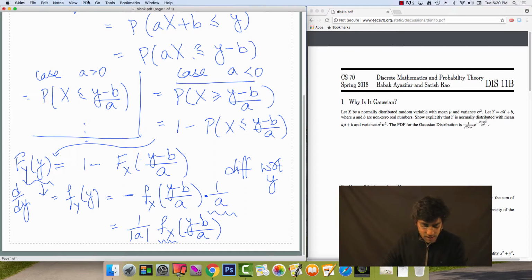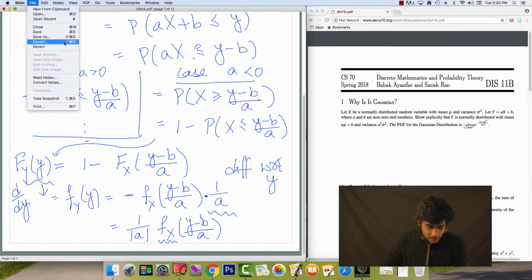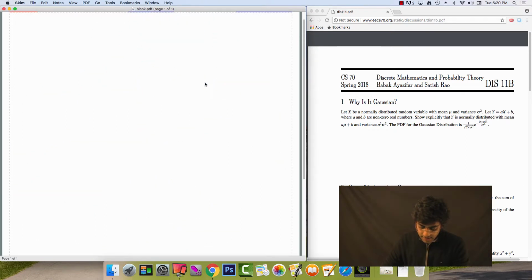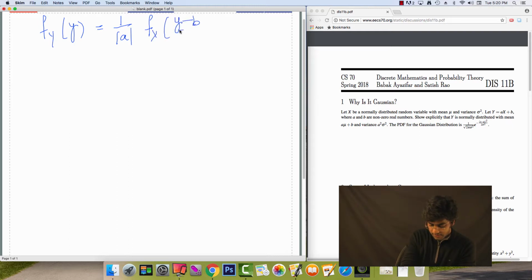So let me finally go ahead and use that, starting from the fact that I now know the PDF of Y in terms of what it is for X. Well, this is just 1 over mod a, this formula of the PDF, but instead of x, I plug in this quantity over here.